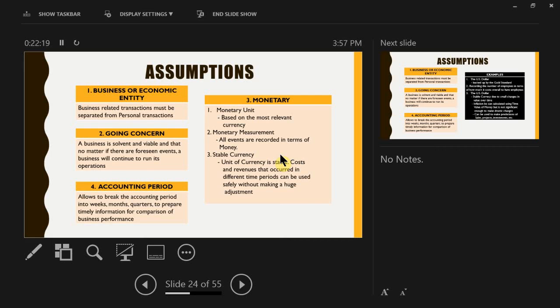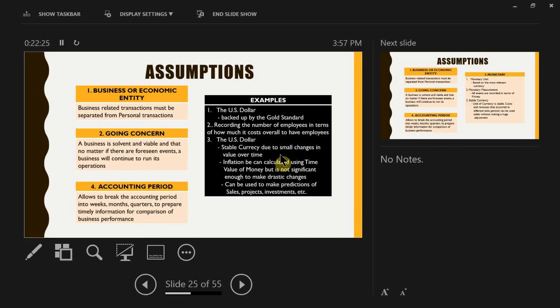And then stable currency. So we talked about the U.S. dollar, right? It is the most stable currency because, when we're taking the aspect of the US dollar, we can make projections without having to include any inflation or any of those ideas, right? We can take the dollar and project maybe 5 years from now that it's not going to change that much.